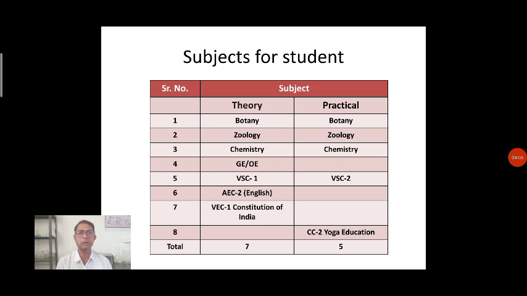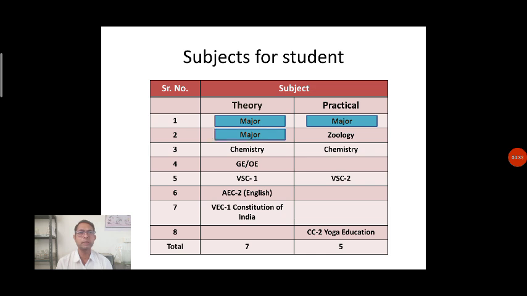These are nothing but the different theory parts, we can say these are the theory. So when we count the total for theory, you can see there will be 7 theory subjects included in your syllabus. And when we look at the practical part, you can see a practical of botany, zoology and chemistry is required to be selected by the student.